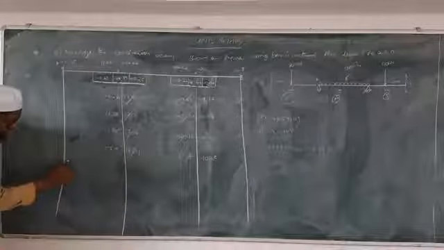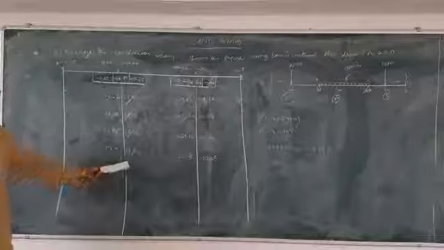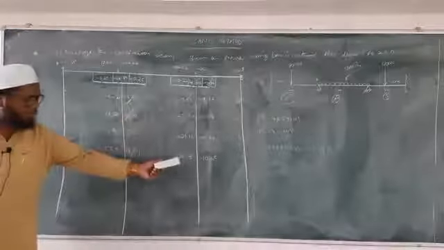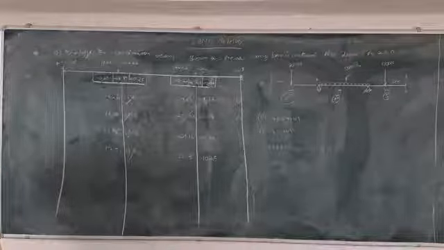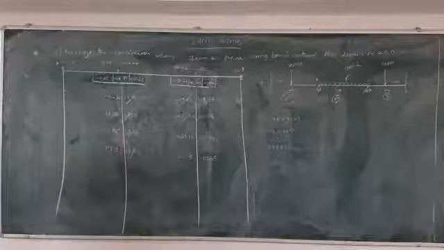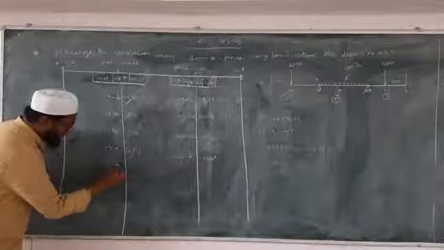Now, I need to calculate this value. So, 0 plus minus 48.89 minus 21.17. 17.51.